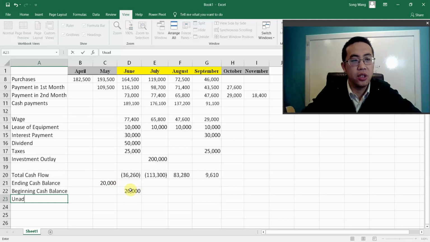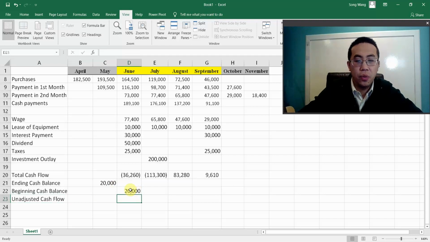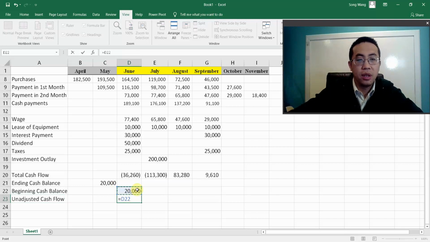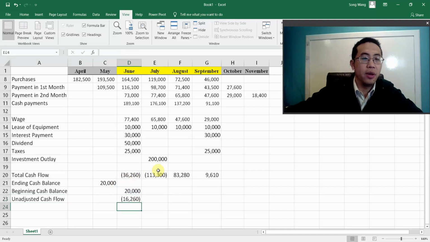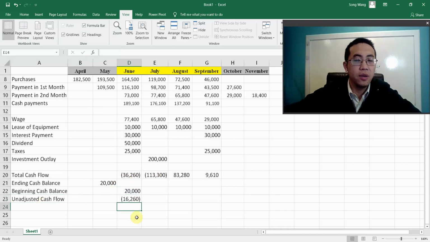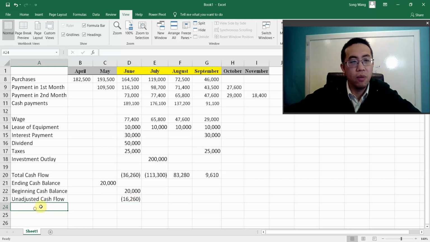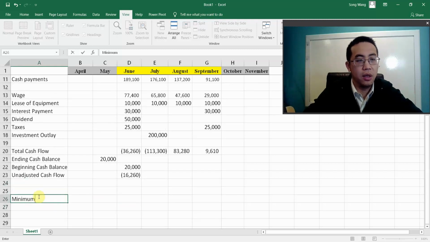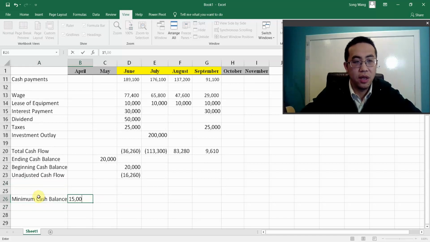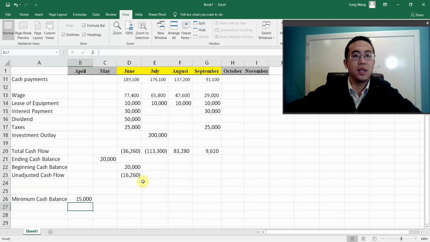Let's see the unadjusted cash flow. The unadjusted cash flow would be this beginning balance plus whatever your total cash flow is in that month. And you are thinking, well, what should I do? Well, there is a minimum cash balance of $15,000. Just put it there. You may not use it for your calculation.